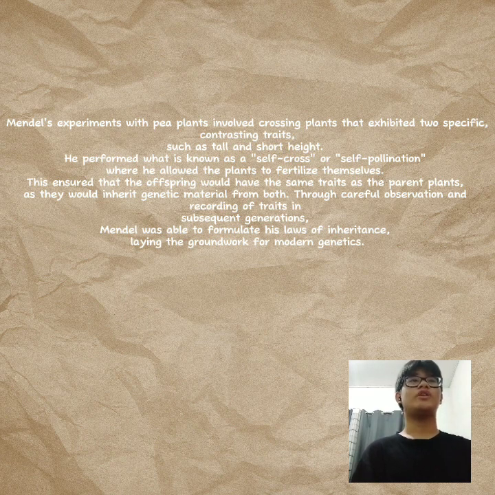This ensured that the offspring would have the same traits as the parent plants, as they would inherit genetic material from both. Through careful observation and tracking of traits in subsequent generations, Mendel was able to formulate his laws of inheritance, laying the groundwork of modern genetics.